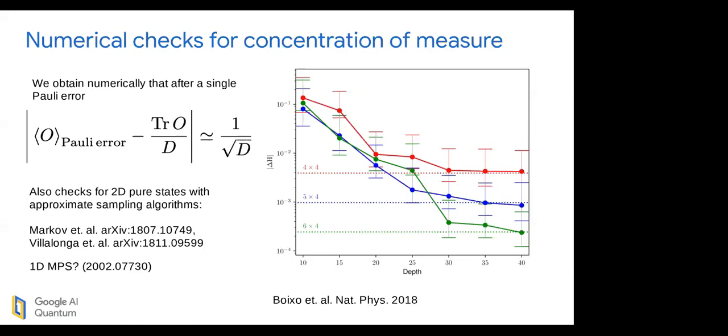And the main assumption here is concentration of measure, which you can check numerically, for instance, by just dropping one error anywhere in the circuit and making sure that the value that you get with just one error is the same as the average value over Hilbert space, or the same as you would expect if you take the expectation value of the observable with the totally mixed state.